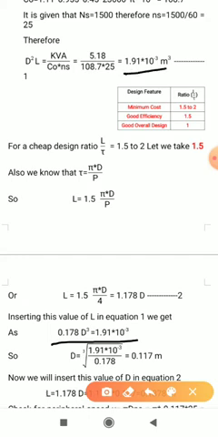And now from this equation we can calculate D is equal to cube root of 1.91 into 10 to the power minus 3 divided by 1.178, and if you calculate this, you will get the value of the D as 0.117 meter.